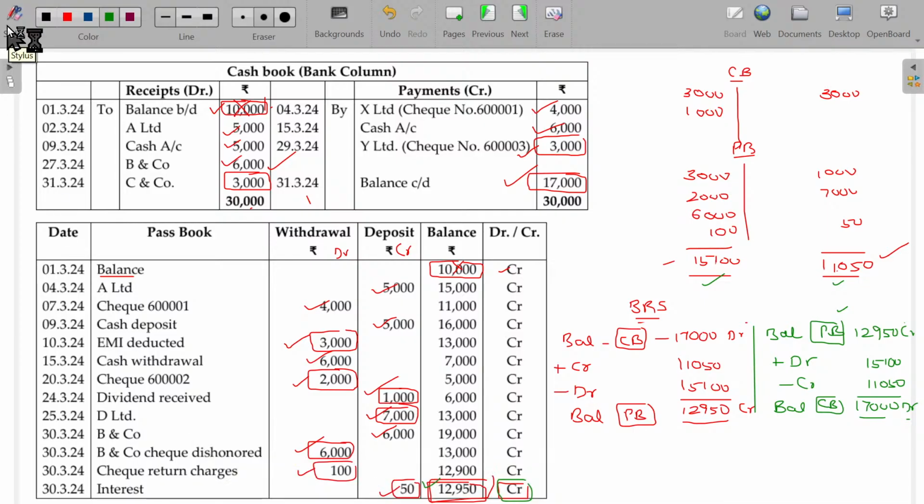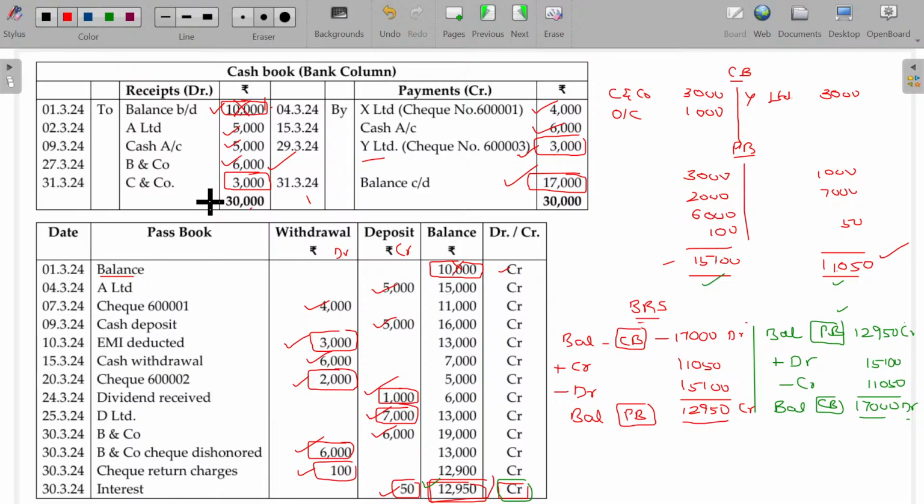Now, a proper BRS statement requires all the items to be explained. What are they? Let's see one after one. What about this 3,000? This 3,000 is nothing but receipts from C and Co. This 3,000 is nothing but payment to Y Limited. This 1,000 is nothing but overcasting in the debit side.